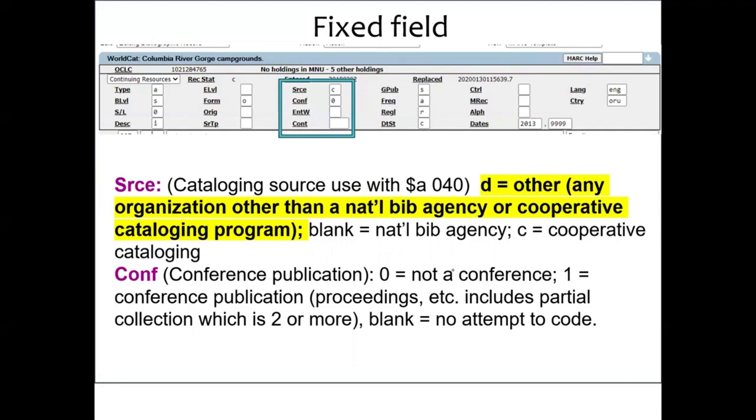Conference publication, we're just kind of moving down the list here. 0 is not a conference. And then 1 would be like conference publication. And this is where you get to proceedings and things like that. And for serials, the defining line of it is you can include conference. You can choose that it is a conference publication, put that 1 in there if there's 2 or more in your serial that is a conference publication or proceeding.